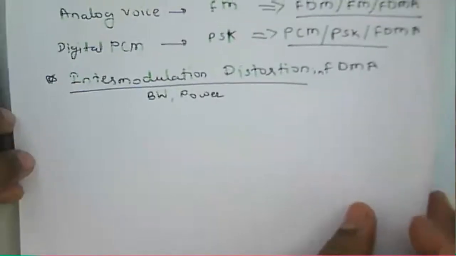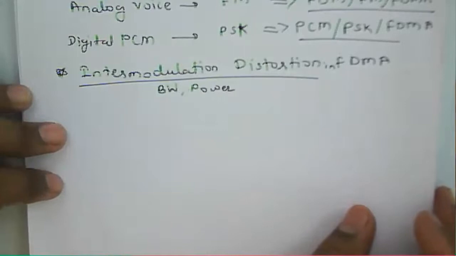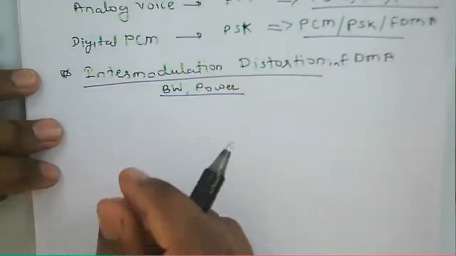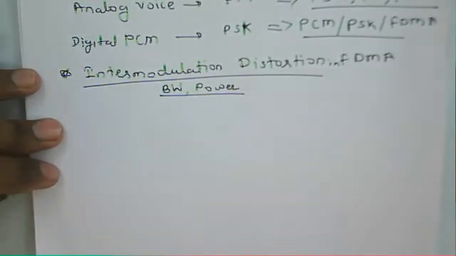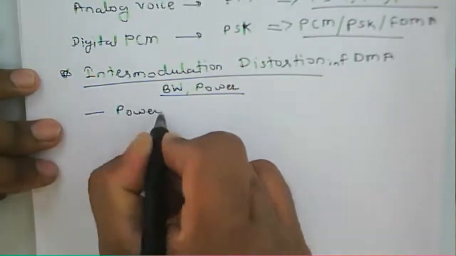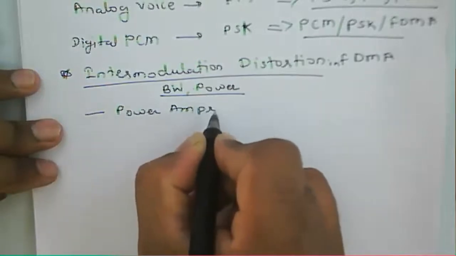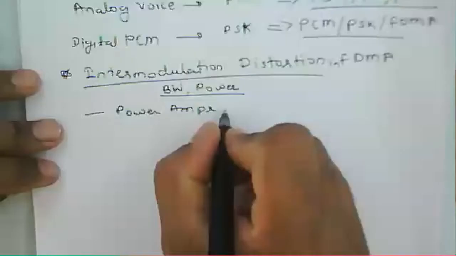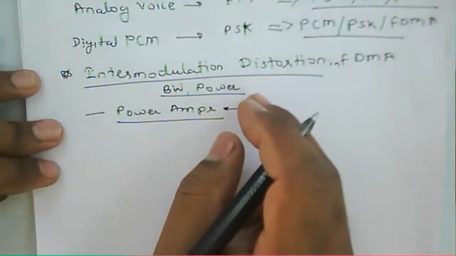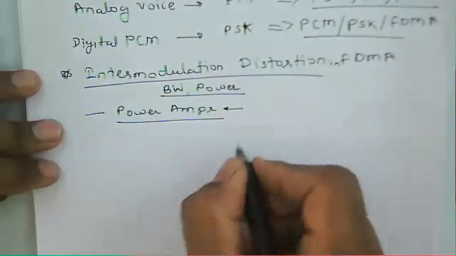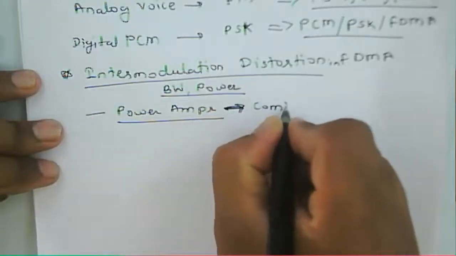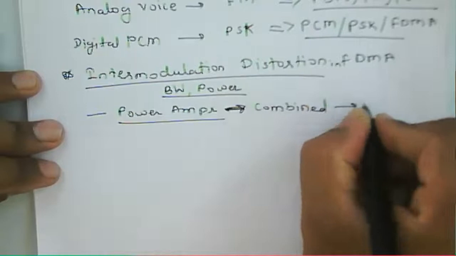Power means the output amplifier, that is, the output amplifier at a transponder, because whichever power amplifier is used in the transponder, the role of that power amplifier is to combine the signals and then amplify.